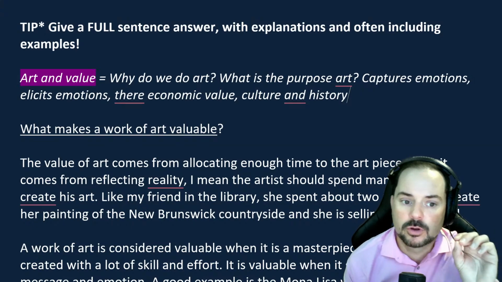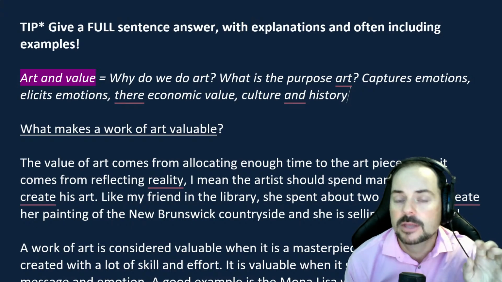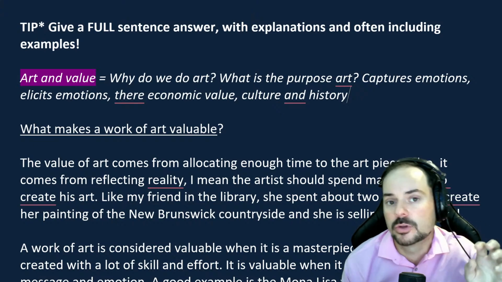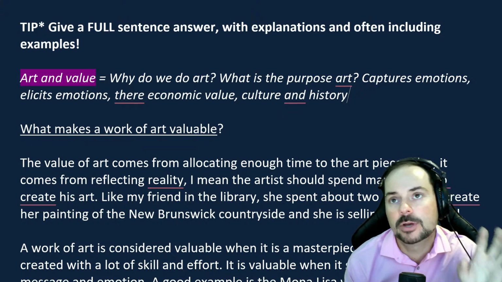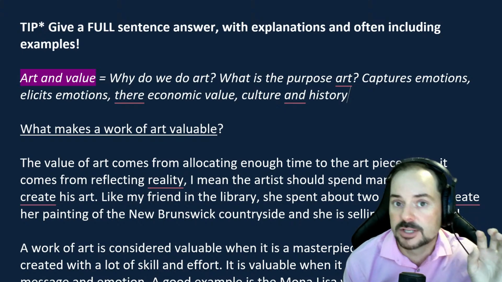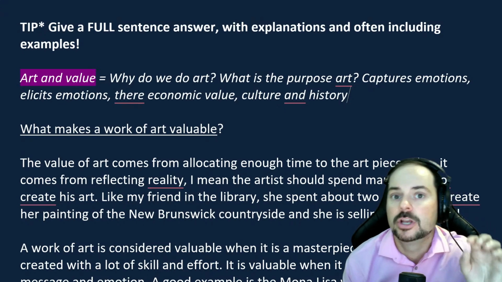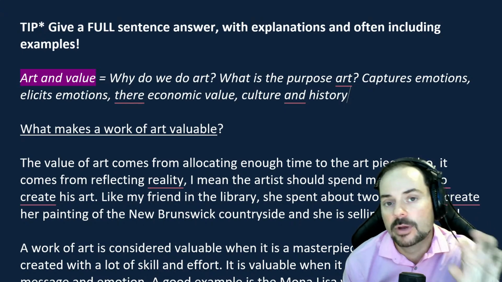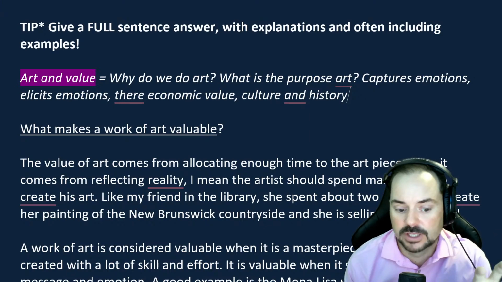So if the question of art and art value comes up, then don't start answering until you're like, okay, now I know that the purpose of art is primarily to express emotions, culture, history, and now I can answer these questions effectively, right?